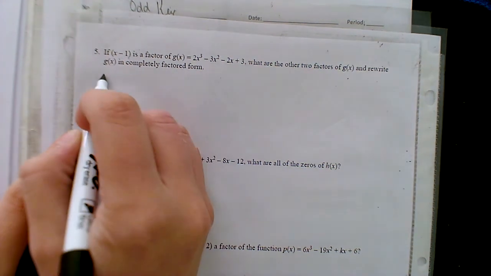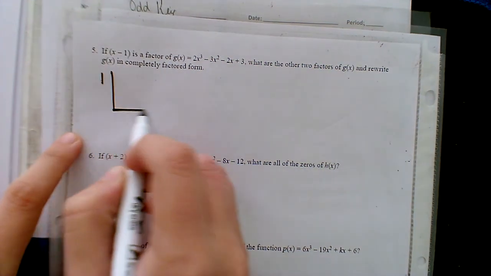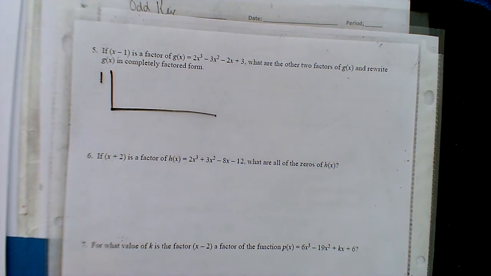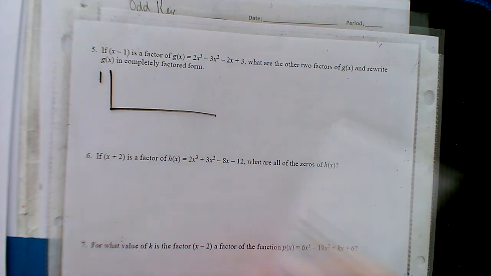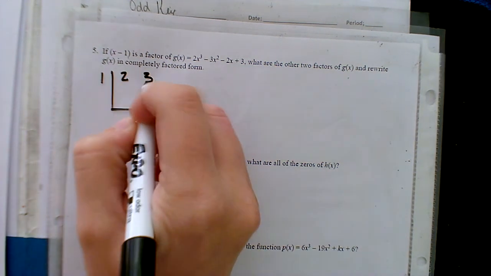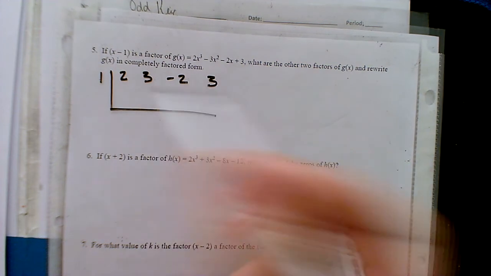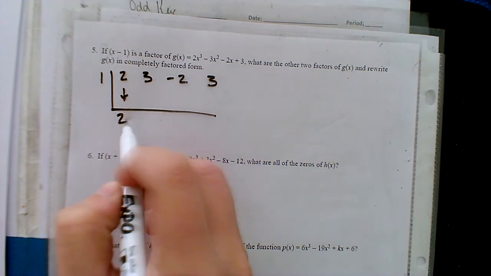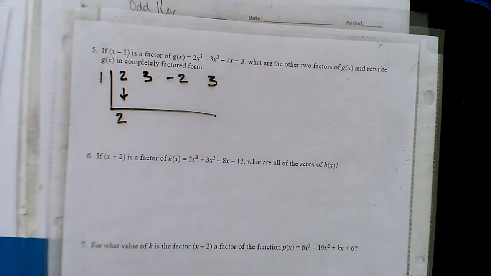Does it go in evenly? We'll do synthetic division to see if our remainder is 0. Looking at the polynomial, the powers are in order, no power is missing, so we'll copy down the coefficients. Drop the first number and then divide.